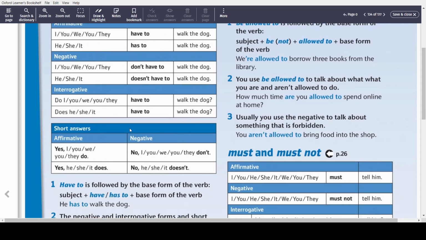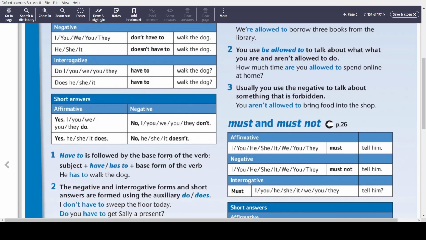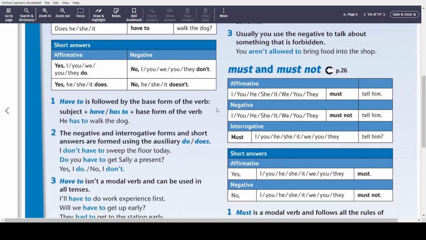Here we have the short answers that we can combine using do or does in the case of the affirmative sentences. And in the negatives, I use no, I don't, or no, he or she doesn't. Have to is followed by the base form of the verb. Subject plus have or has to plus base form of the verb.